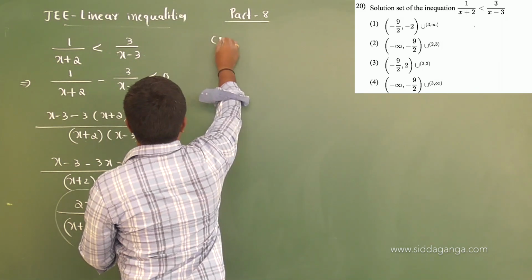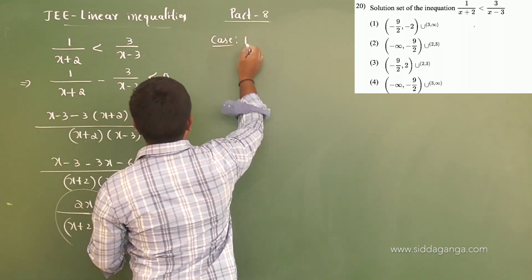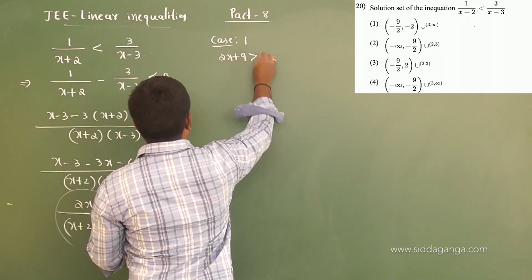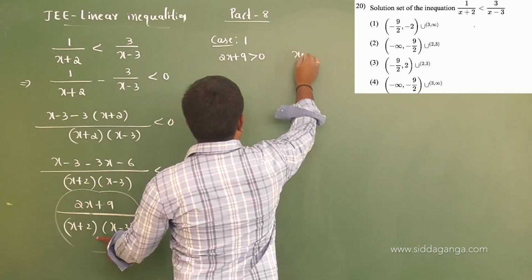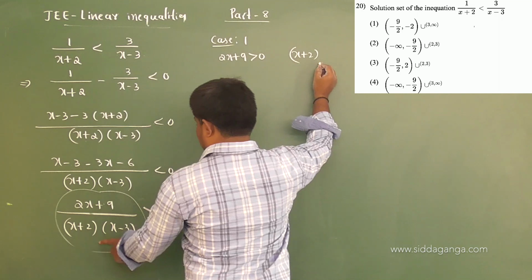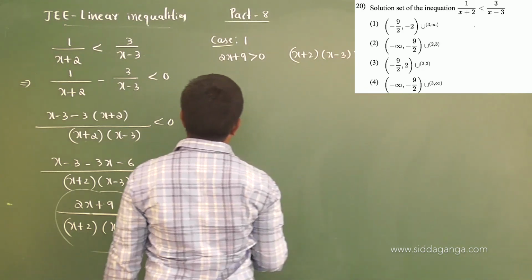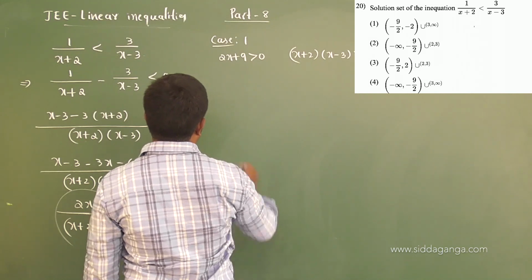First case, let me take both are positive. You mean 2x plus 9 is greater than 0, and denominator x plus 2 into x minus 3 is greater than 0. Let me find the common values for these two.